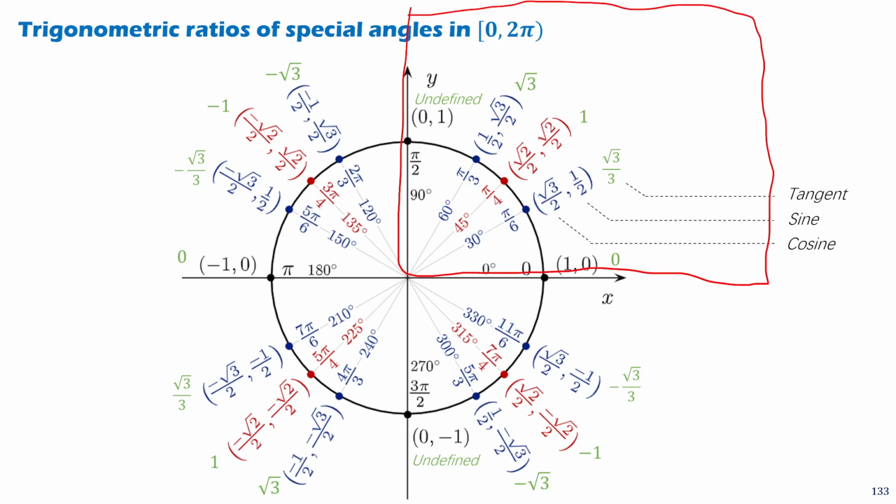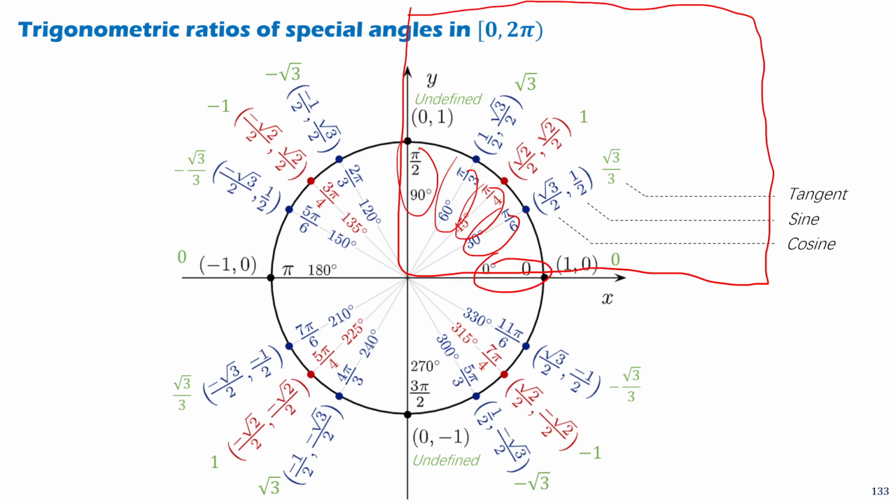There are 5 special angles in the first quadrant: 0, pi over 6, pi over 4, pi over 3, and pi over 2. Make sure you know the 3 primary ratios: sine, cosine, and tangent of each of these angles. And for other special angles in other quadrants, you can just use the property of symmetry to help you evaluate the trigonometric ratios.